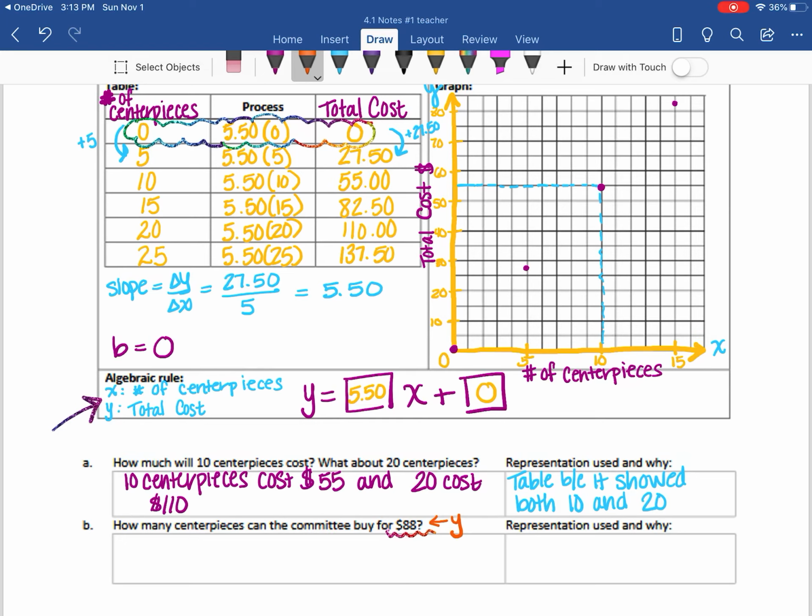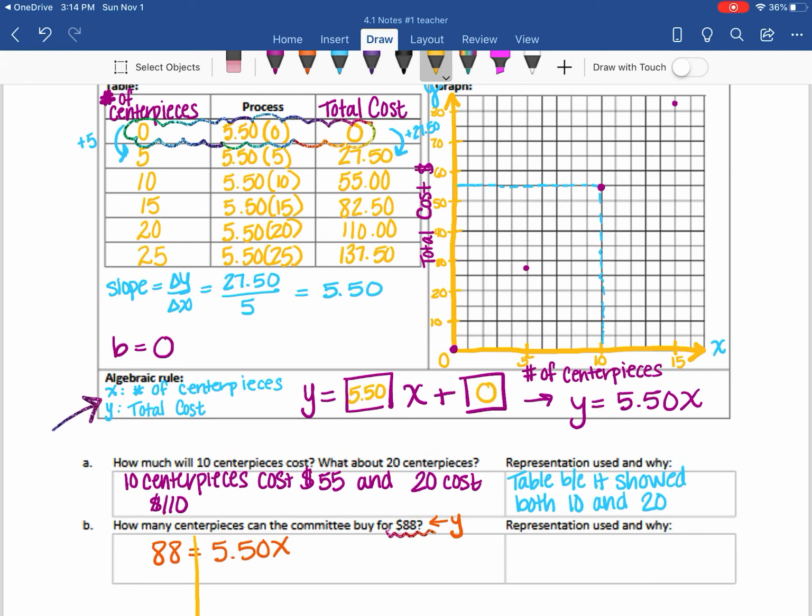So we're going to put that in for y. Okay, so instead of y equals 5.50x plus 0, and really we don't even have to do the 5.50x plus 0. We can simplify that to be 5.50x. So I can set that up with, instead of y, 88. So 88 equals 5.50 times x, and now we're just solving for x.